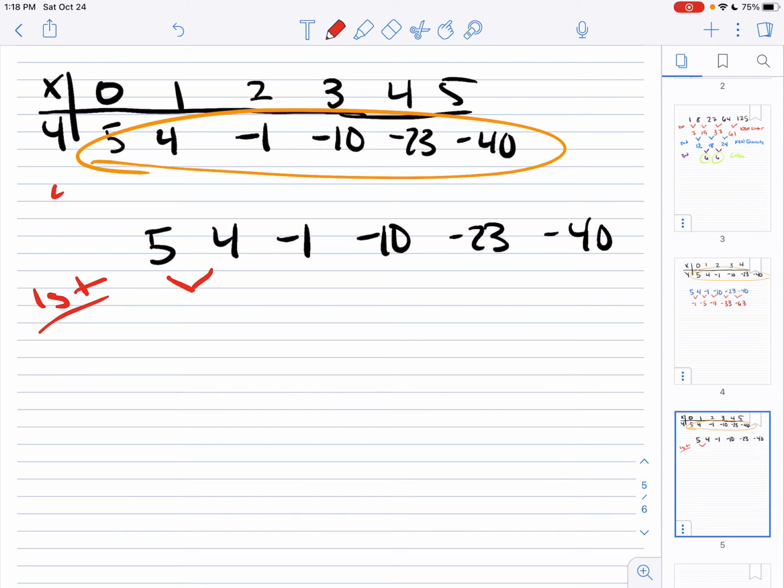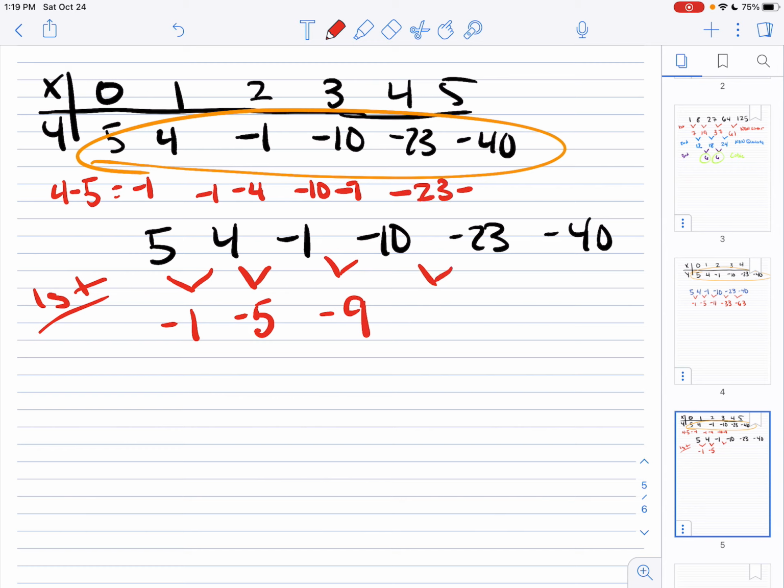So we're going to do 4 minus 5, which gives -1. Then -1 minus 4 gives -5. Then -10 minus -1 gives -9. -23 minus -10 gives -13.